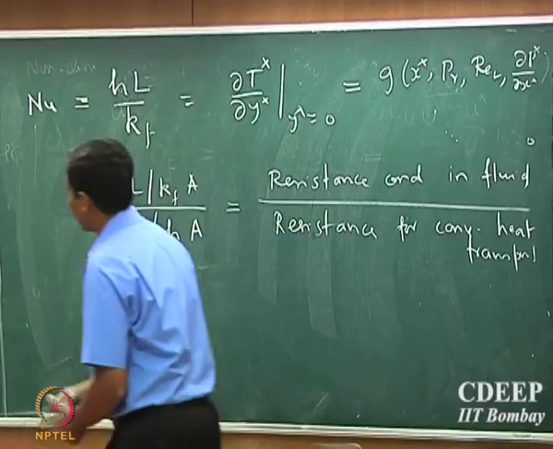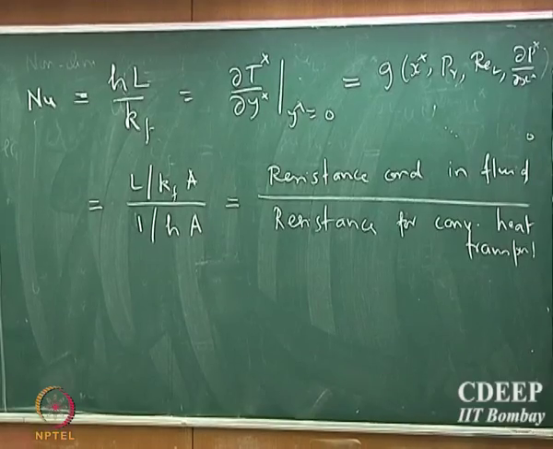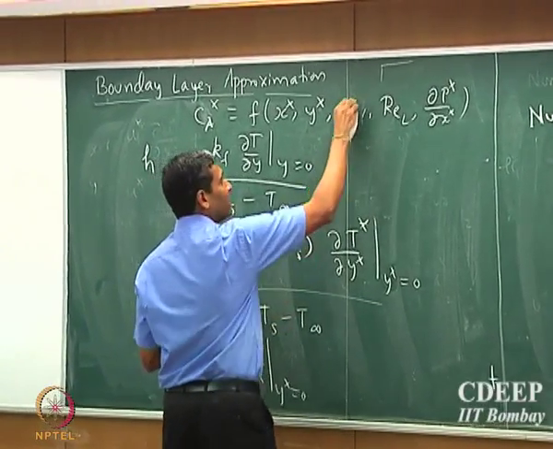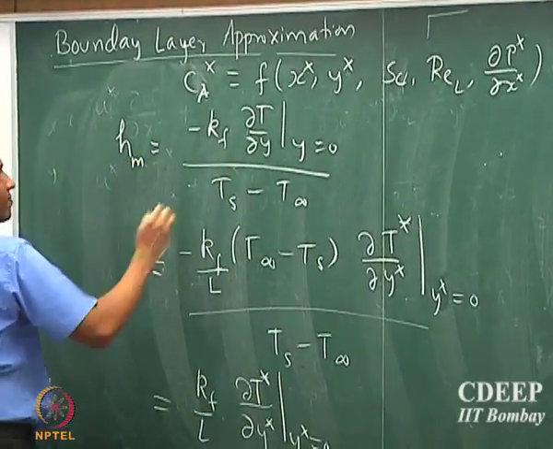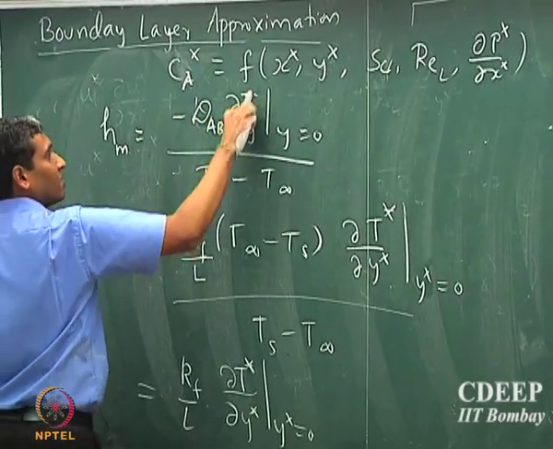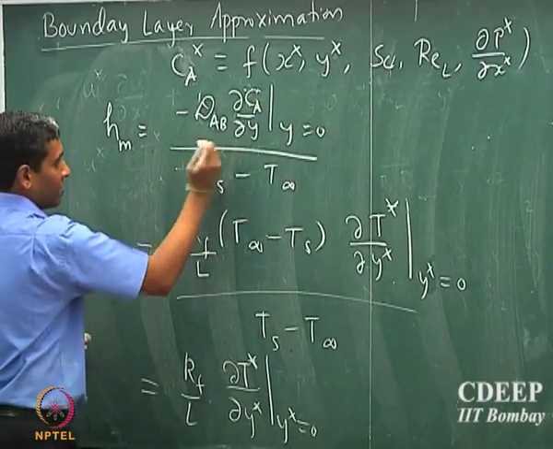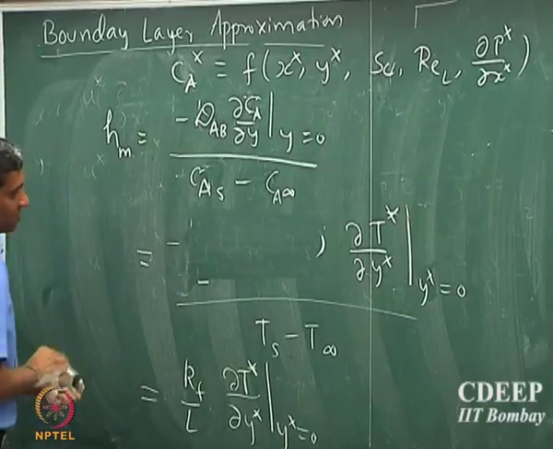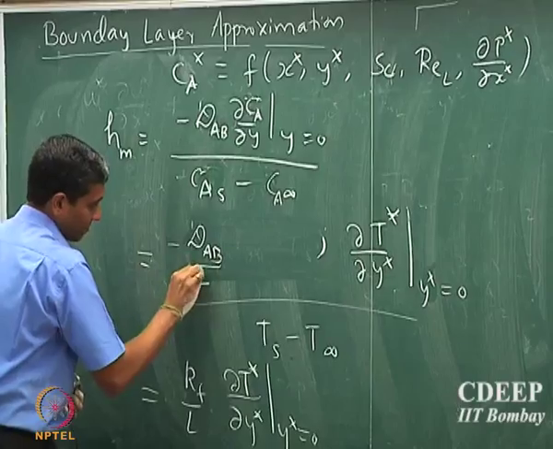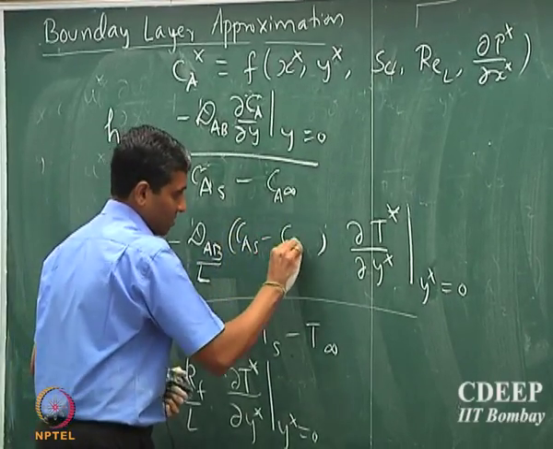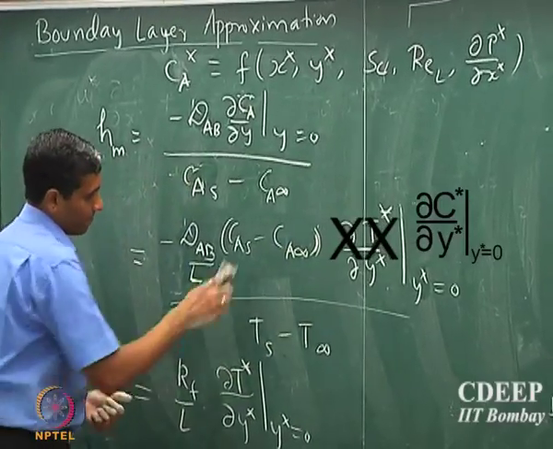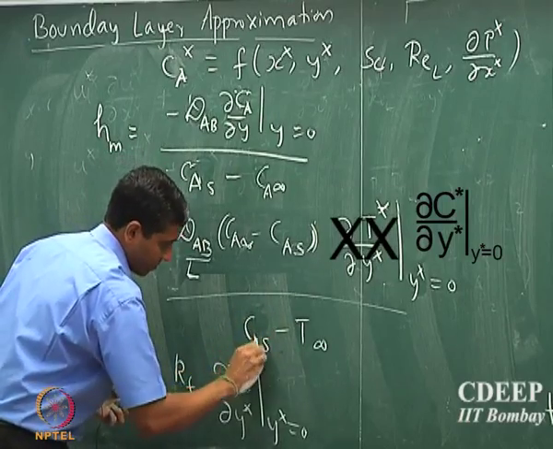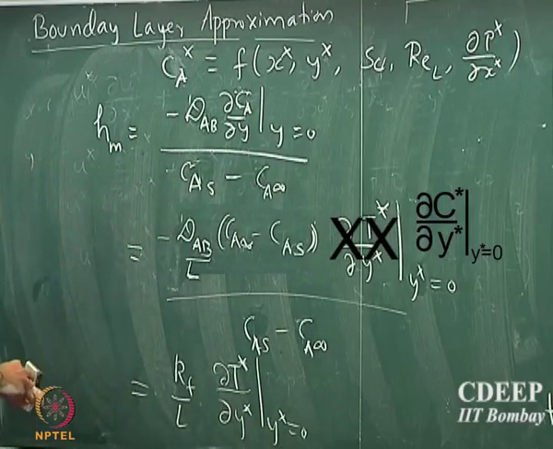Now one can actually do the same exercise for mass transport. So if I call this Ca, and instead of Prandtl, I replace it by Schmidt number, that will be Hm, DAB, that will be Ca, and Cas, Ca infinity. Okay, so I can do the same exercise.